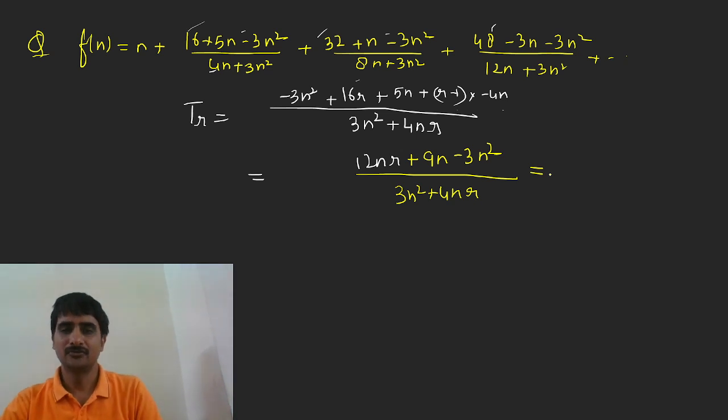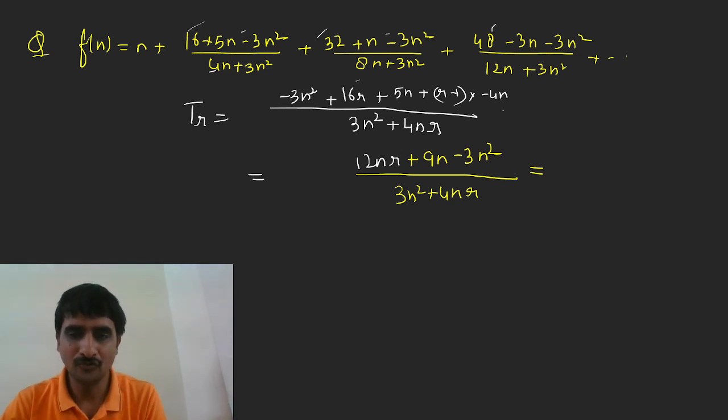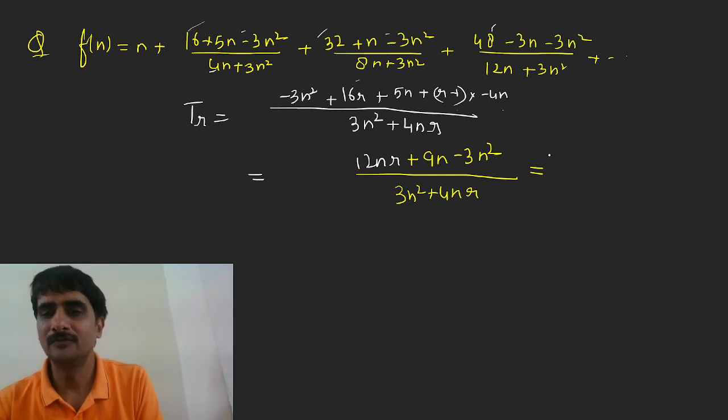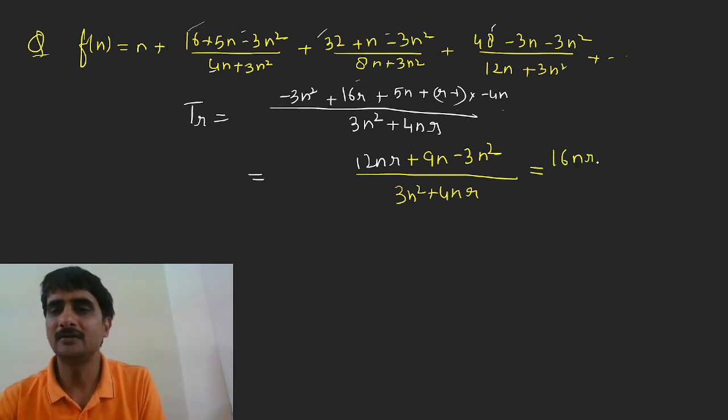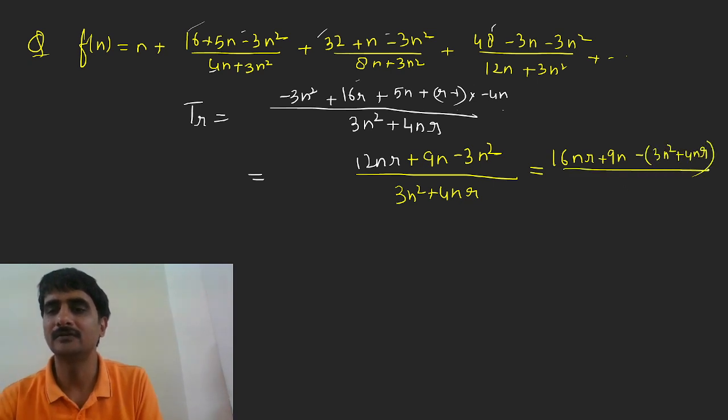Okay. So 4nr minus 3n square. Okay. So if I add here 6nr plus 9n, we get minus 3nr plus 4nr, 3n square plus 4nr. Okay.